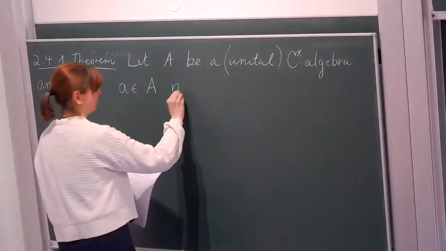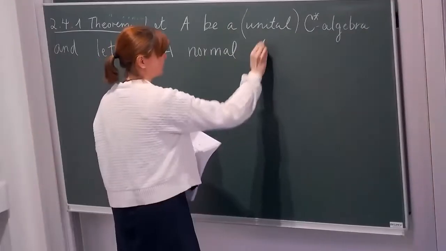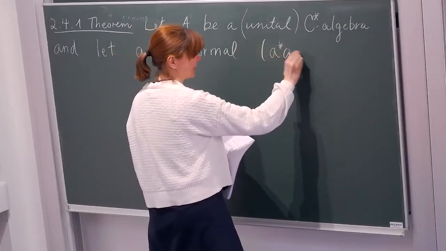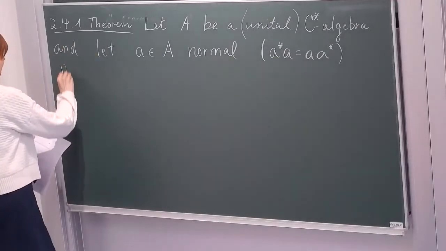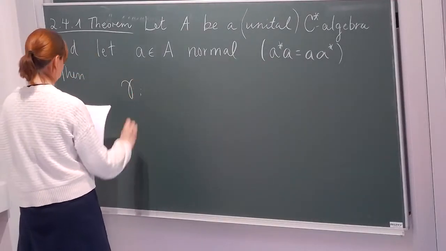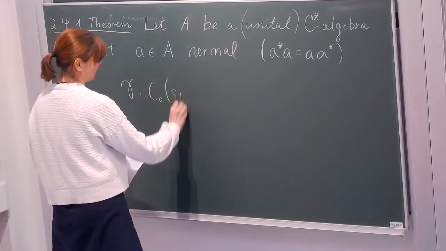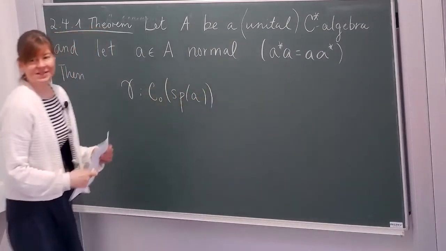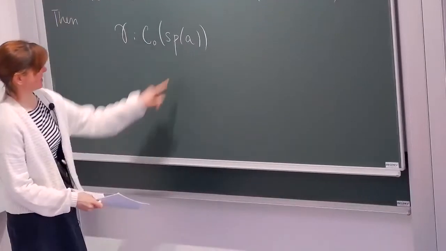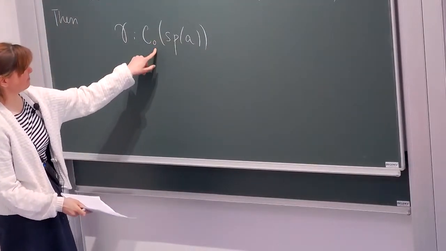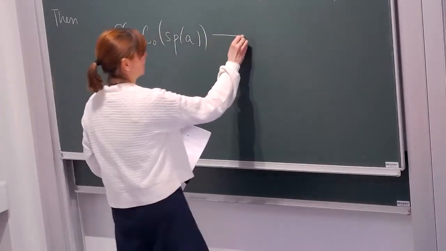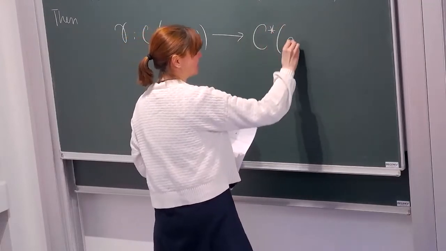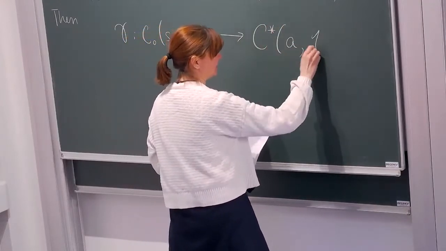If we have a normal element, which just means that we have an element which commutes with its adjoint, then this map called little gamma from the continuous functions on the spectrum of A, vanishing at infinity in the event that it's not unital, but in the unital case you don't need that, to the C-star algebra generated by A and the unit, if there is one.